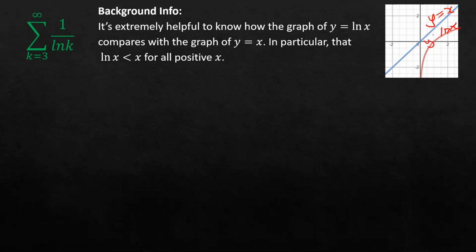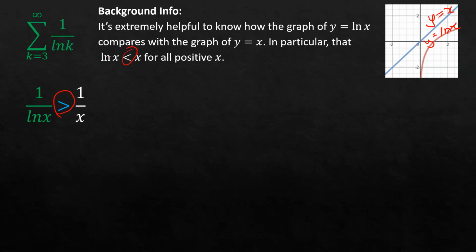That means that ln of x is less than x. Now, if you take the reciprocal, oops, I just changed my k to x, but it's the same, the inequality will change.